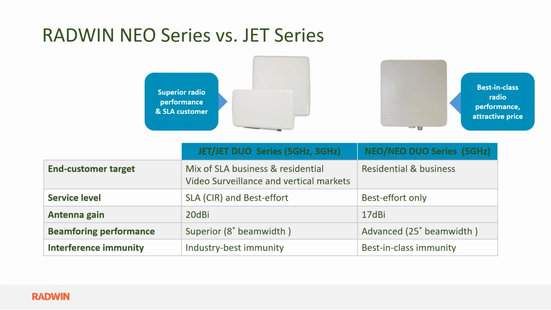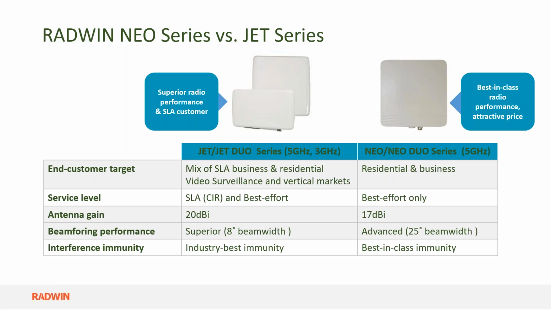So here we go. There's a comparison between both the Jet and the Neo. Both 5 gigahertz, although for Canada, I believe they are also available in 3 gigahertz. In fact, I'm right now looking at a potential project up in Canada for a wireless ISP that looks like they're going to need the 3 gigahertz port to get through some trees.